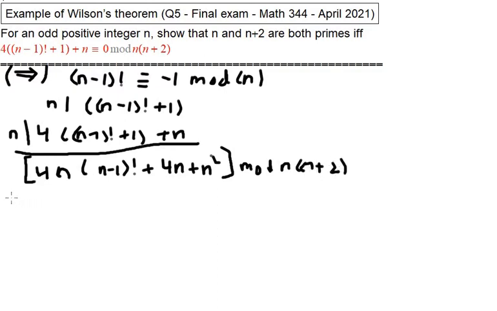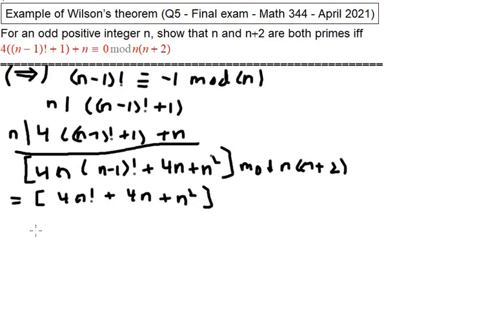Alright, so now this becomes, you've got 4 times n factorial plus 4n plus n squared in mod n plus 2 world, but I won't write that down, just assume we're in that world.